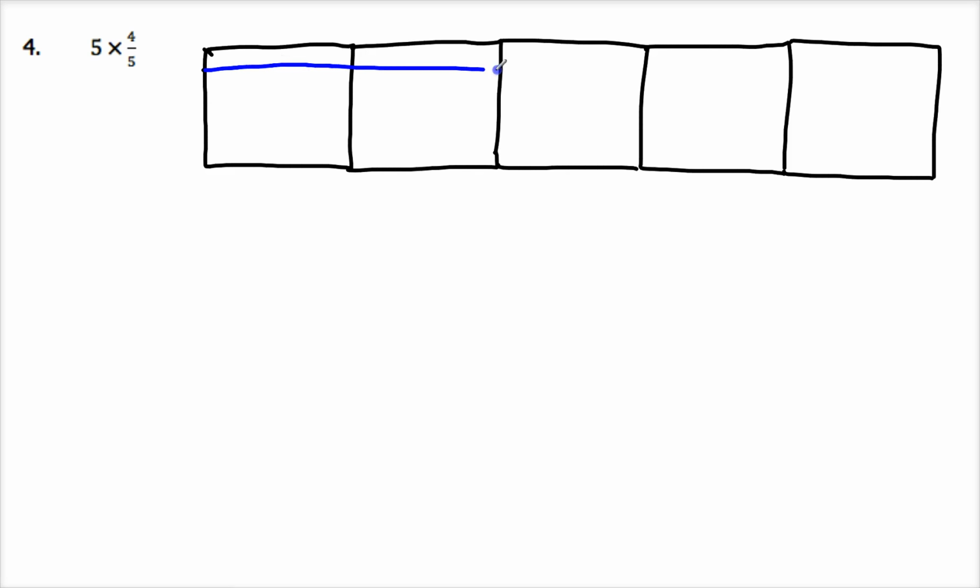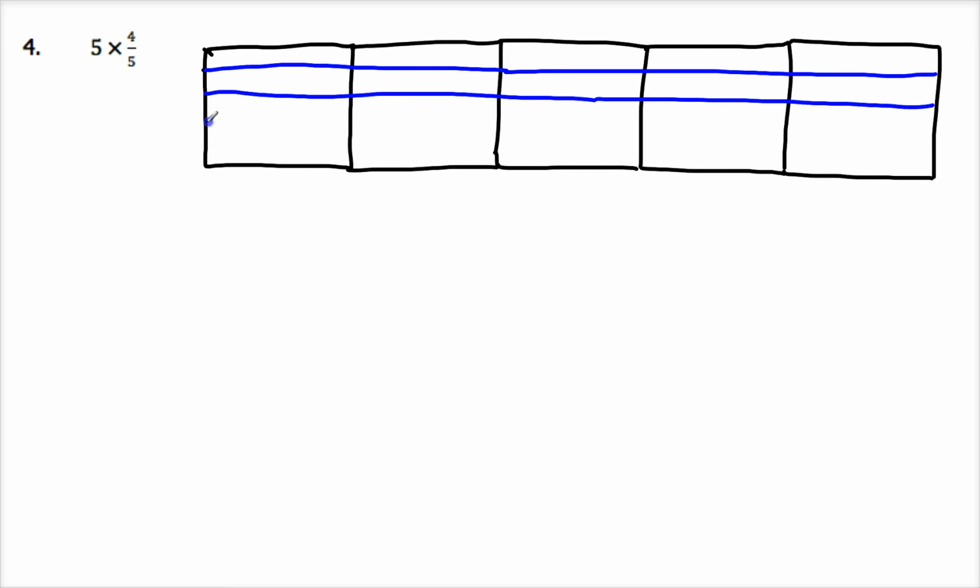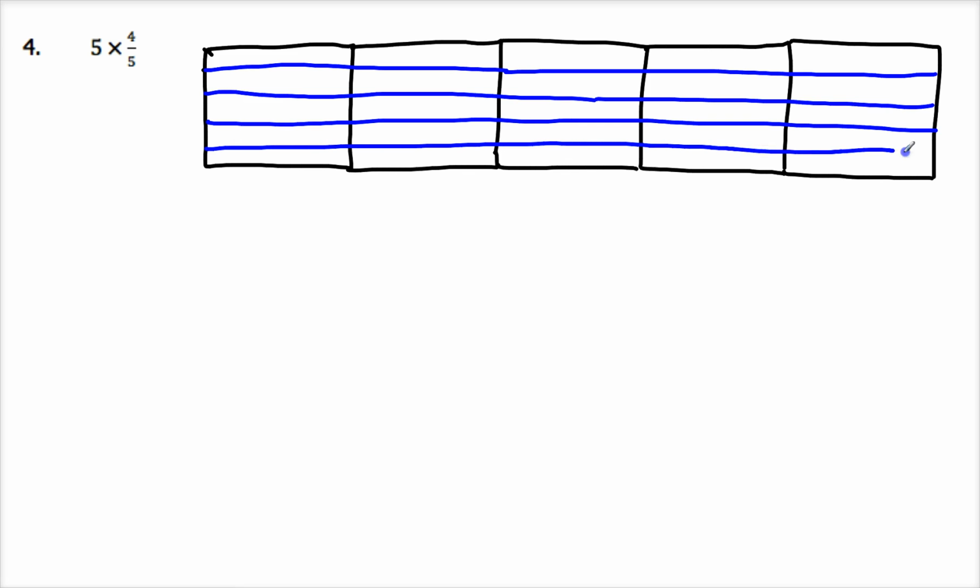So there's 1 piece, 2, 3, 4, and 5. Our fraction is 4/5, so we're actually going to shade 4 out of 5 of those pieces in each square.